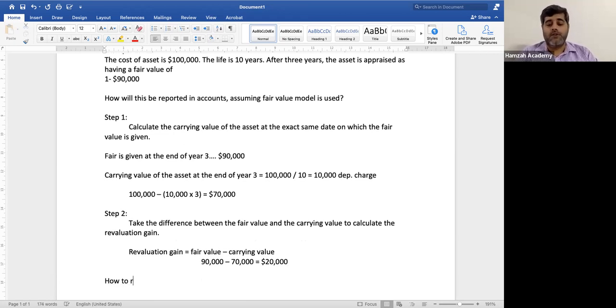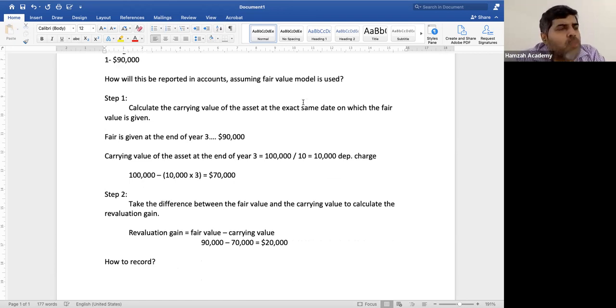Now the question comes, how to record? How are we supposed to record this? We have an asset whose carrying value is 70,000, but the value in the market is 90,000. So technically speaking, the value of our asset has increased in the market, and this is a gain for us. For example, you buy a piece of land, or you buy a house, and after 1, 2, or 3 years, its value goes up in the market.